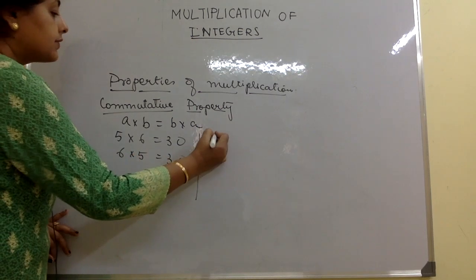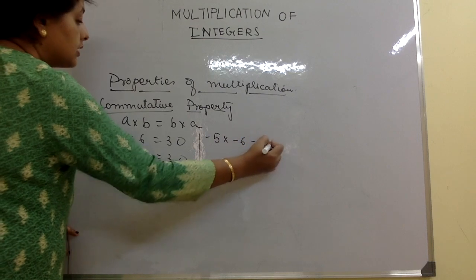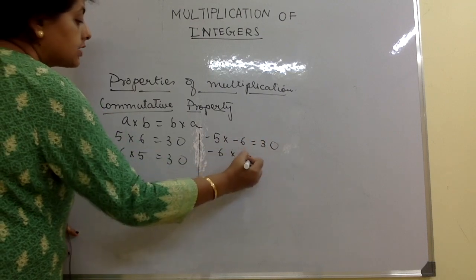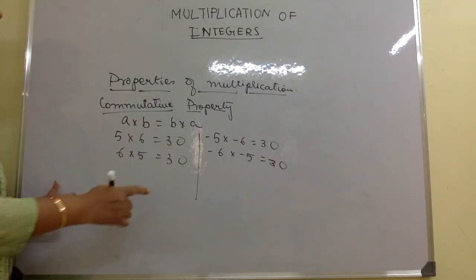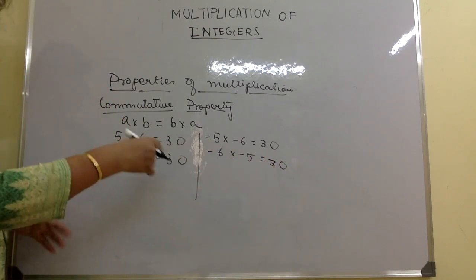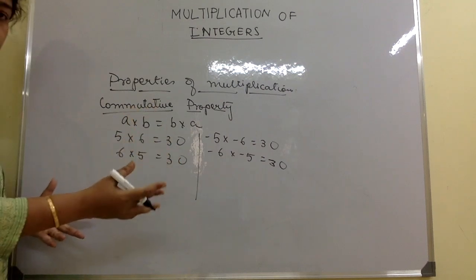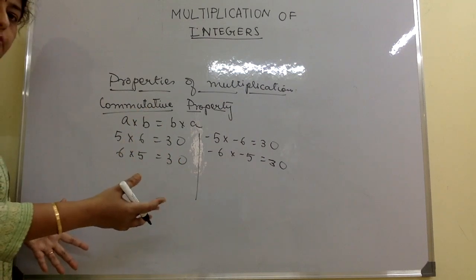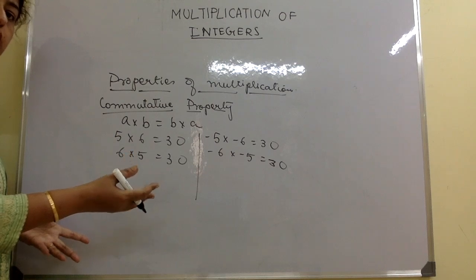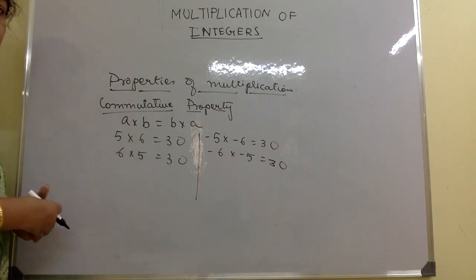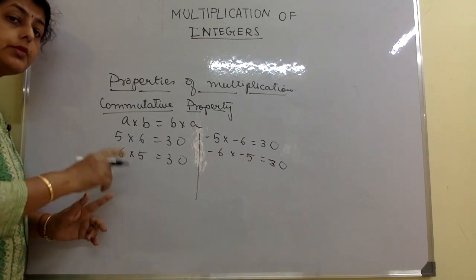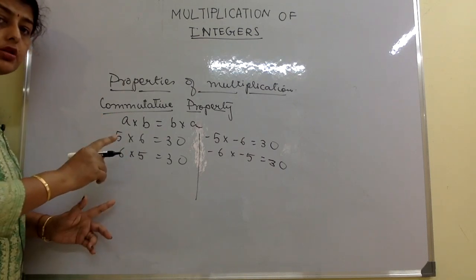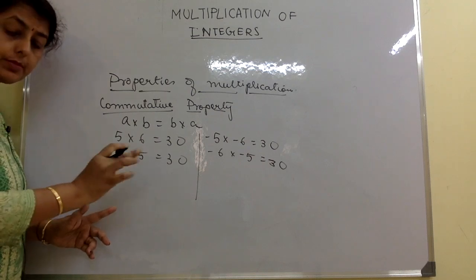Or minus 5 into minus 6 is 30, or minus 6 into minus 5, even then it is a 30 only. So if you change the order, even then the product remains the same. That is when we call it commutative. We call it commutative property is satisfied. So we'll have to say integers obey commutative property of multiplication. You must mention of multiplication.